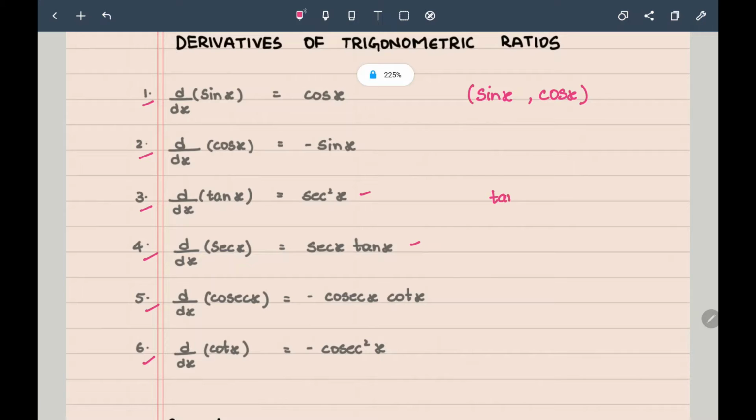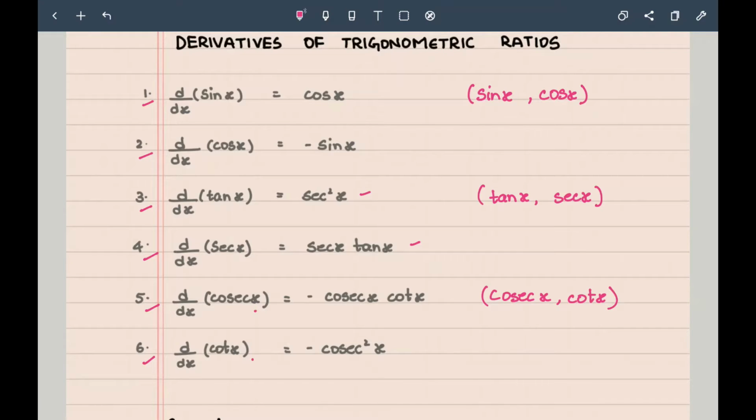These two are a pair. That means they appear in each other's formulas. Similarly, cosecant x and cot x are a pair. This does not apply everywhere, but in case of differentiation, this is a small trick to remember the formulas.